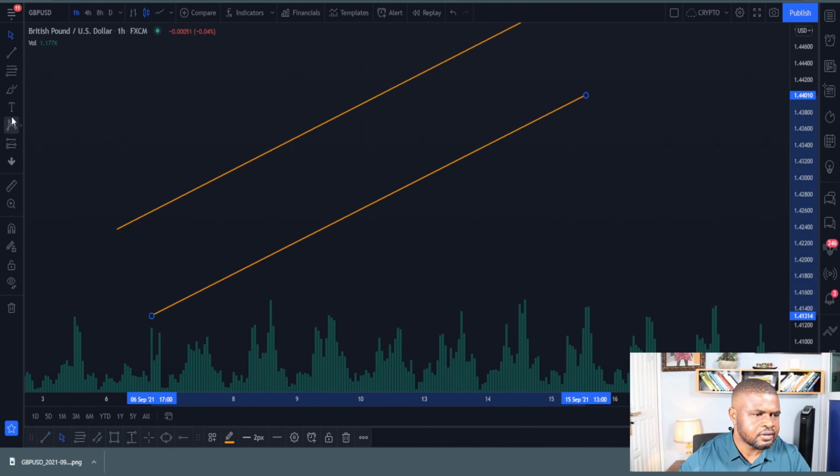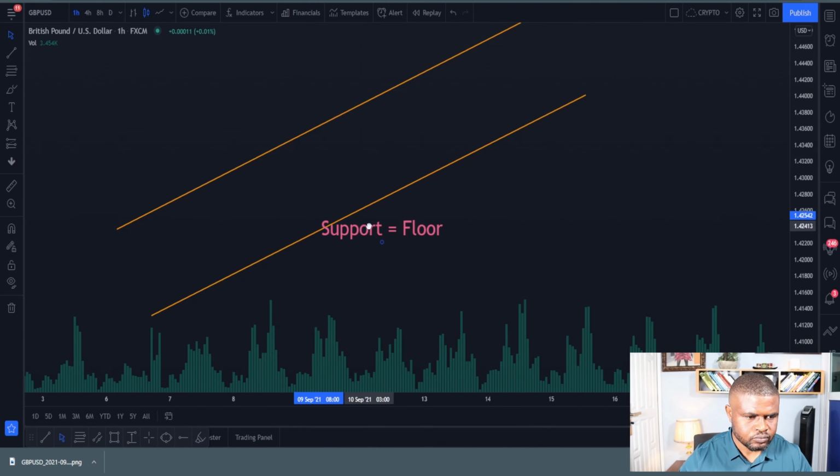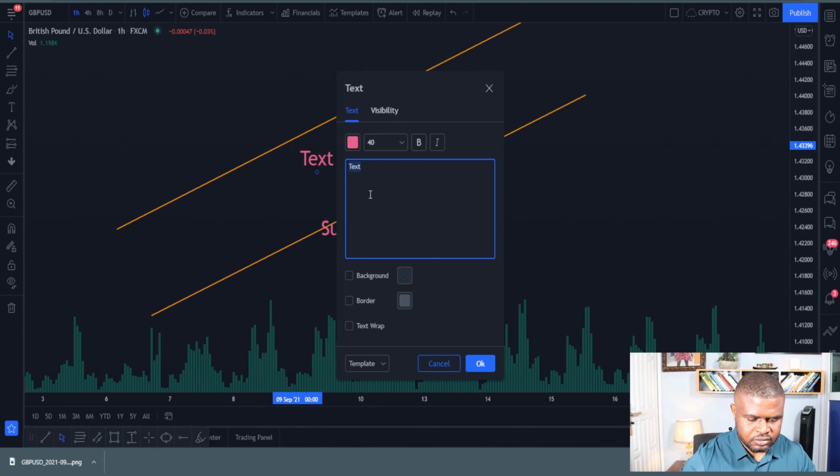Just as we found earlier, this is your support equals your floor, and of course your resistance equals your ceiling, right?